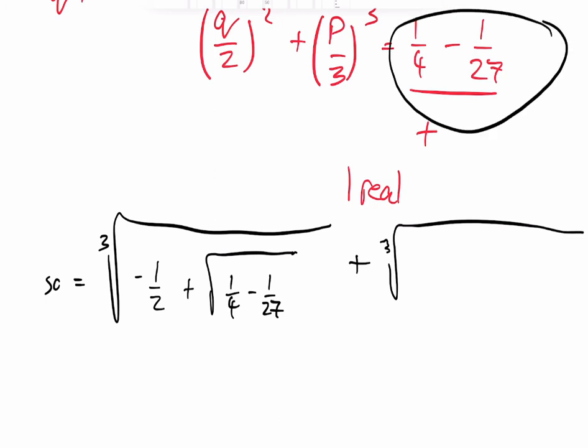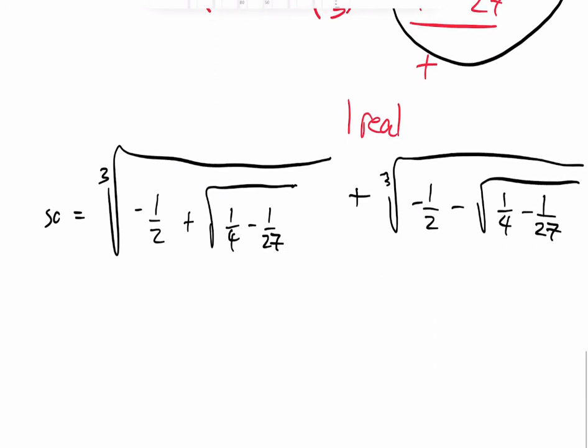And then we're going to write the same thing in the other bracket, just with a minus sign here: square root of 1 over 4 minus 1 over 27. And I can tell you that that will equal roughly minus 1.3247. I think that's it. And that's our answer.